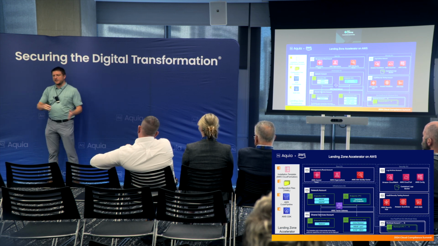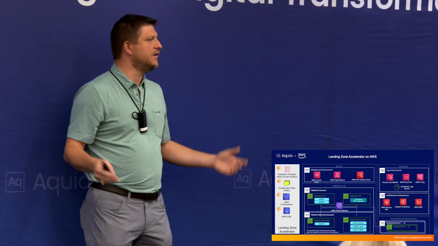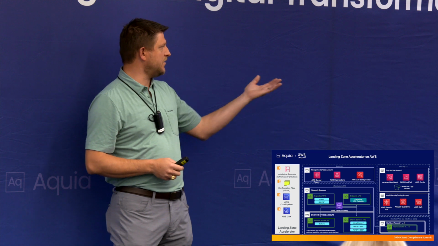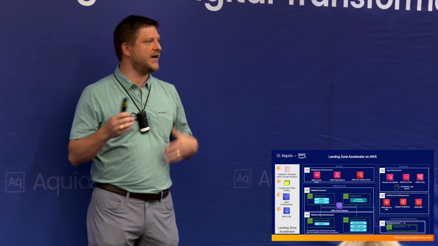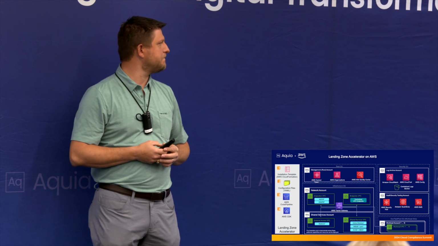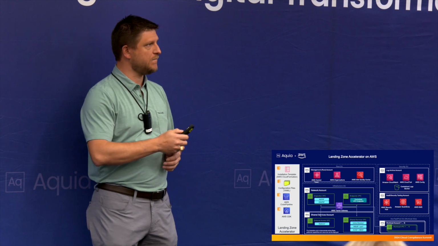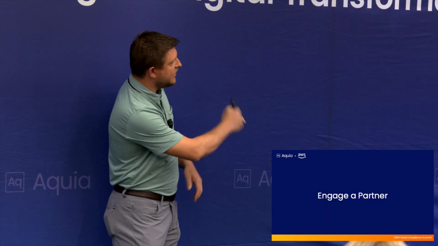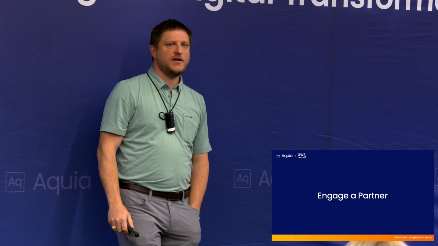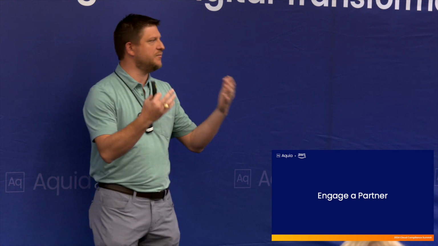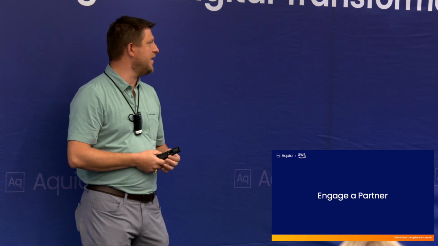Depending on how much flexibility you do or don't need, we have partners building on top of AWS, on top of our landing zone accelerator, that can get you the rest of the way there. So like I said, engage a partner. They're here to help. That's AWS's way of thinking: we give you the builder tools, and either you build it or you engage somebody to help you build it as well.